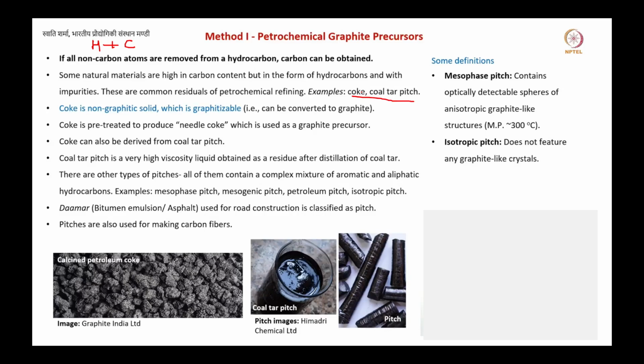Coke is a non-graphitic solid which is graphitizable, that is, it can be converted to graphite by some process. So coke is pre-treated to produce needle coke, which is used as a graphite precursor. Now you have some idea of what needle coke is.